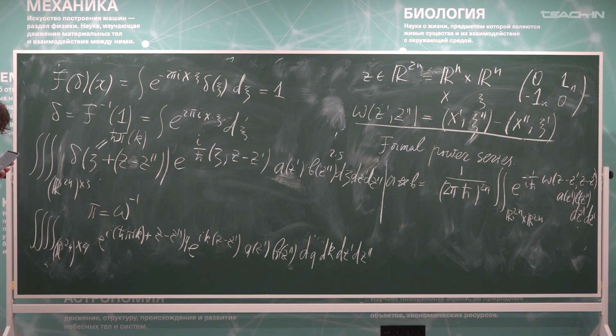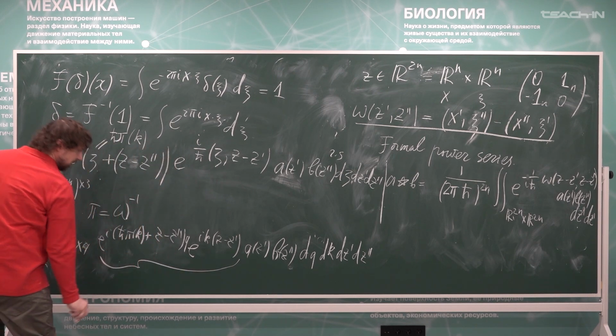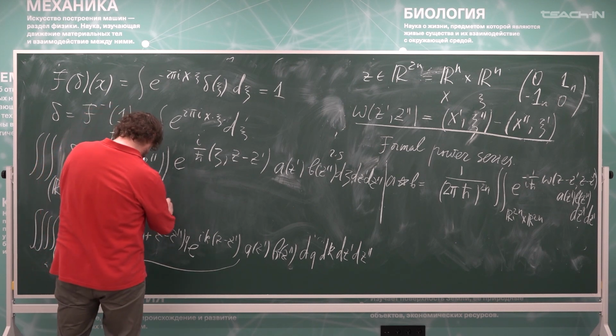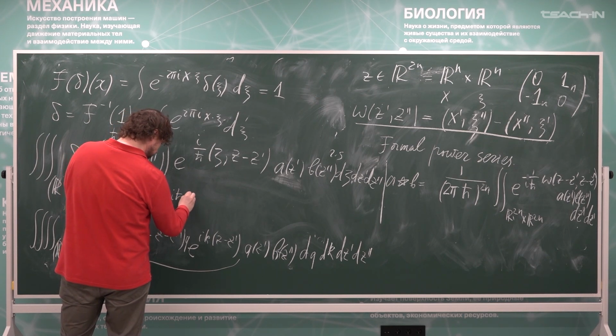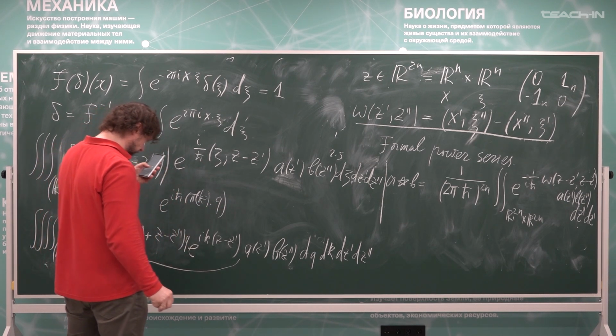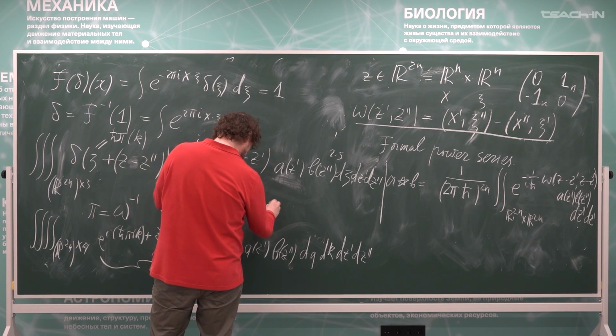For instance, if I take this factor, this integral kernel, I can rewrite it as e to the power I h bar pi of k times q, times e to the power I k z minus z prime.